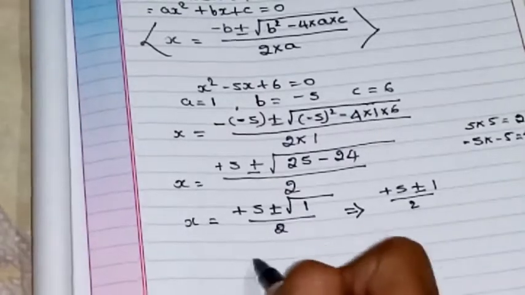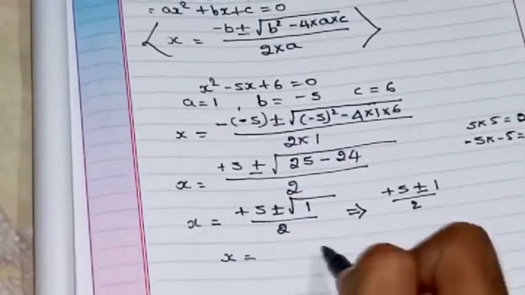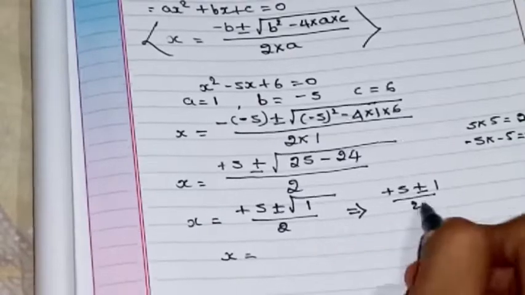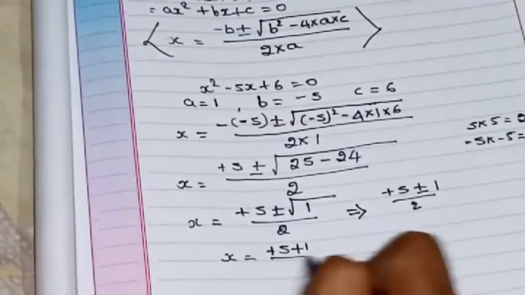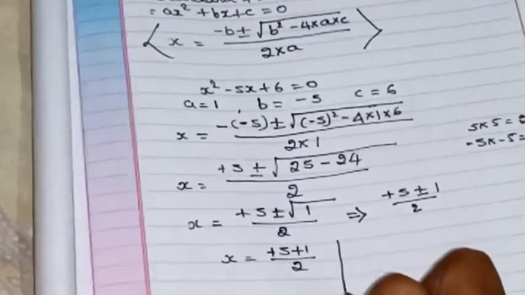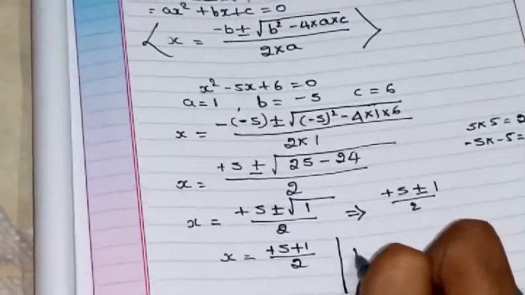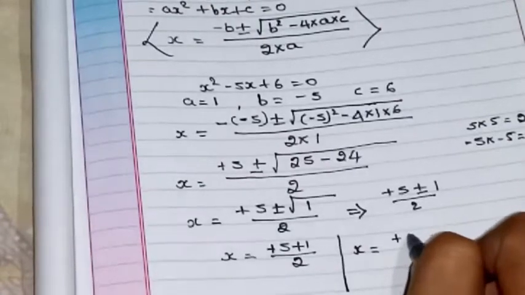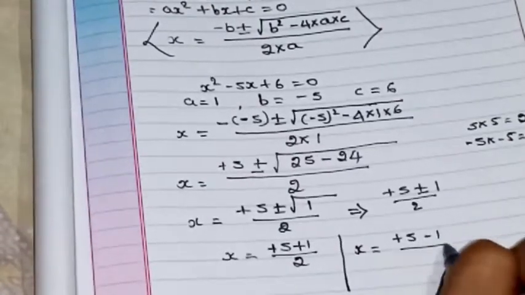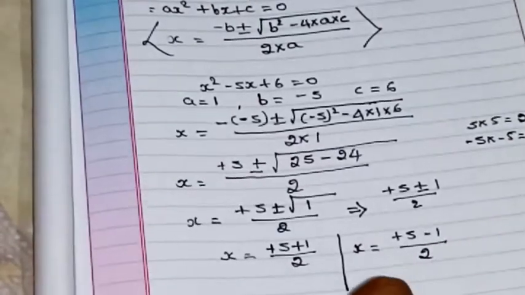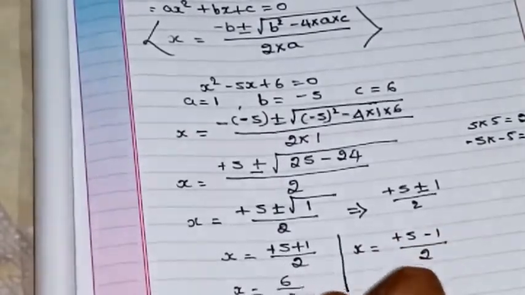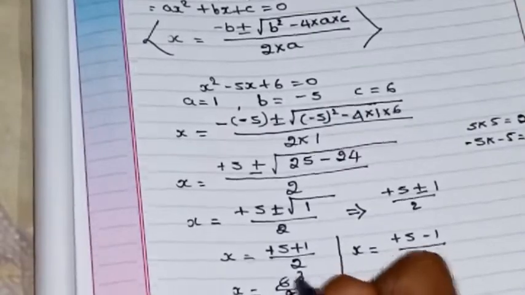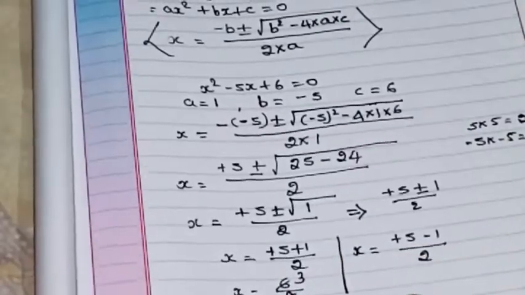So therefore x is equals to, I'll take first the plus value, plus 5 plus 1 divided by 2 as one value, and another one as x is equals to plus 5 minus 1 divided by 2, right? So now x is equal to 5 plus 1 is 6 by 2, 2 threes are 6, therefore x is equals to 3.